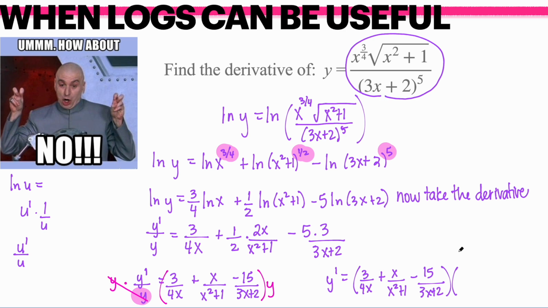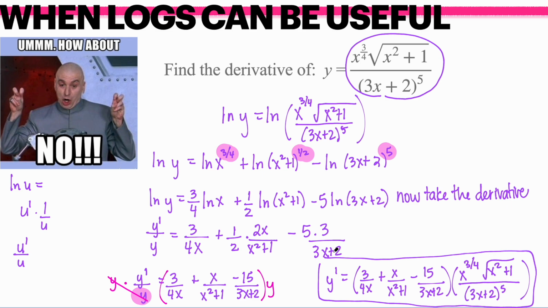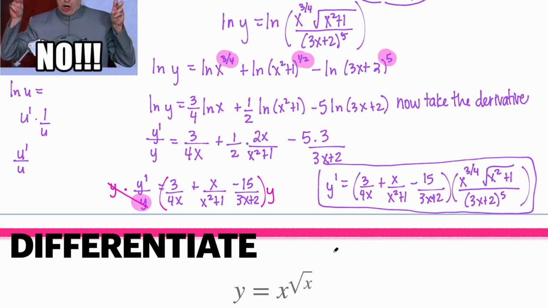It's the original problem: x to the 3/4 times x squared plus 1 divided by 3x plus 2 to the 5th. And that is your final answer.